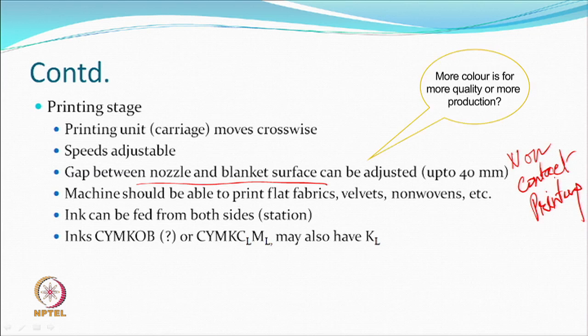More color is for more quality or more production? More production also, more production. There is a large area which requires light shades. So, instead of controlling the drop size, you keep the drop size large and use the other one. But it is not that any number of colors can be used. All colors have to be correctly calibrated for the image.